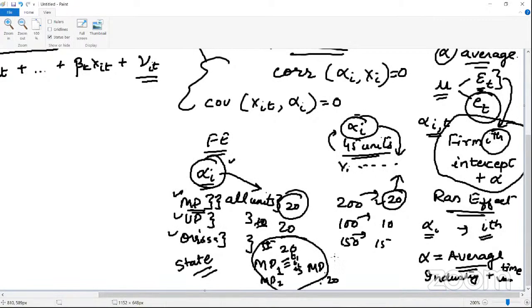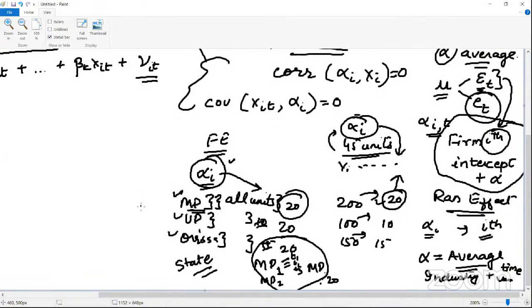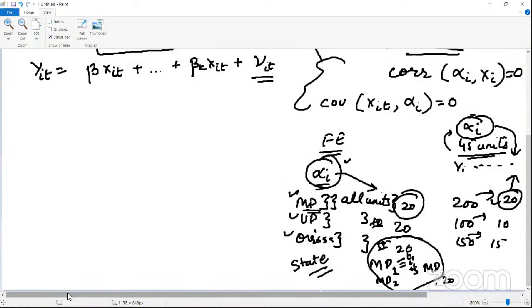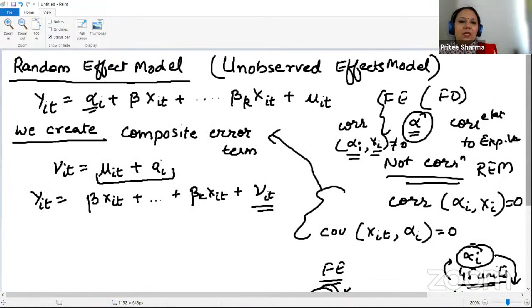See, why we are combining these two terms is because our main idea is to bring in the time component also.